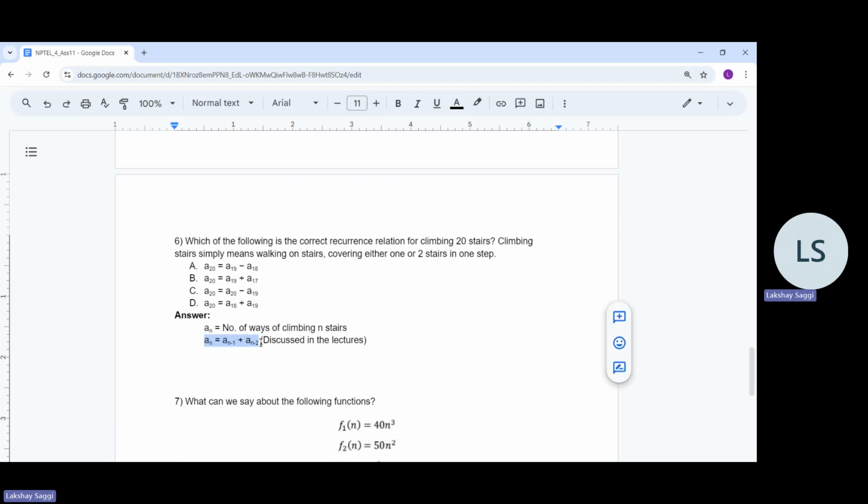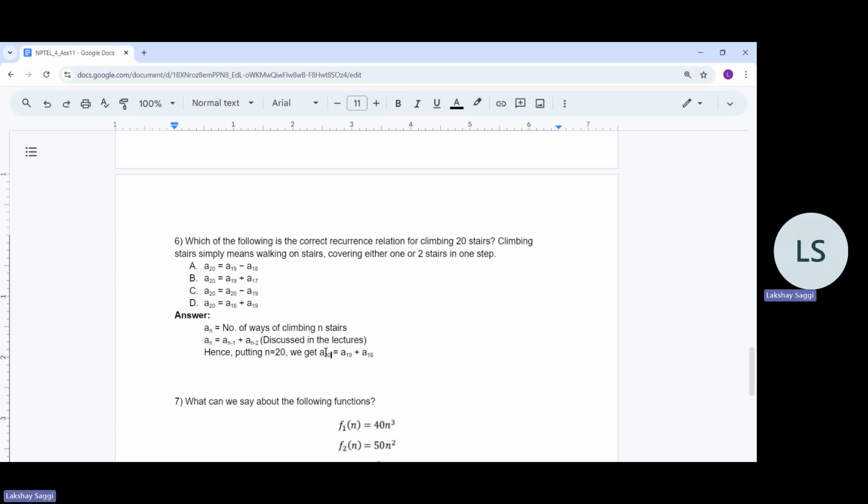Just put n equals 20 here, and we get A of 20, where n minus 2 is 18 and n minus 1 is 19.